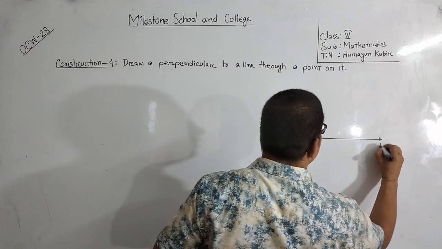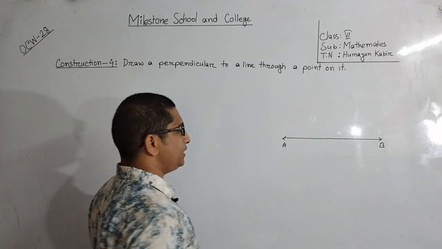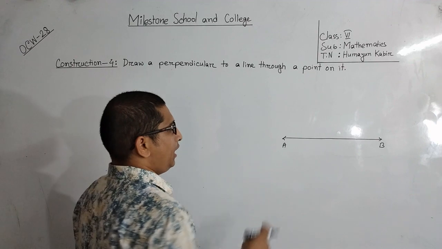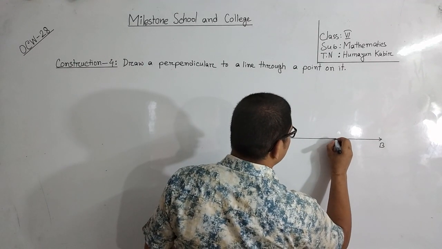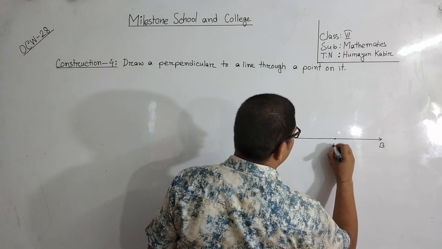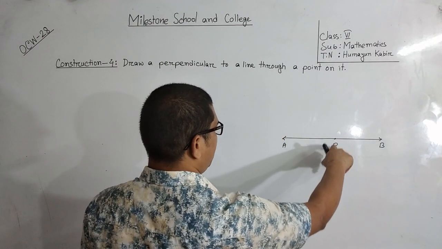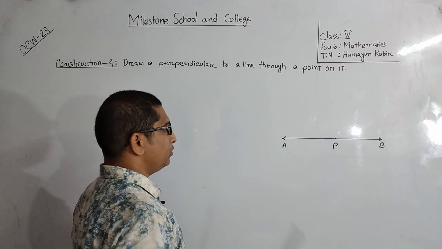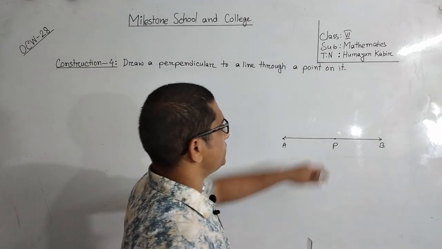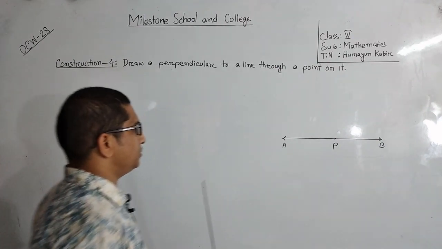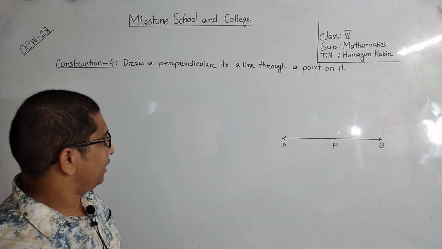Suppose AB is a line. Okay. And here a point on the line AB, a point P. Now we will draw a perpendicular through this point. Okay, understood?